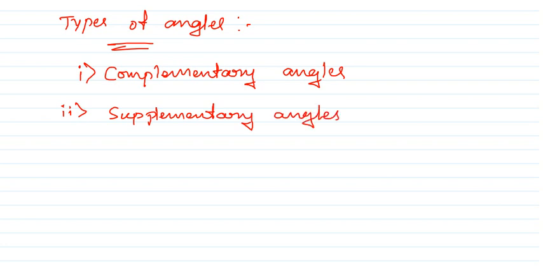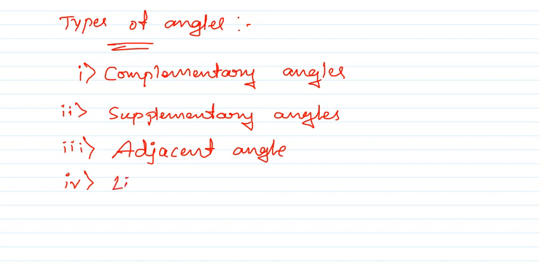Next, third one type, that is adjacent angle. Next, fourth one is linear pair. And the last fifth one is vertically opposite angle.